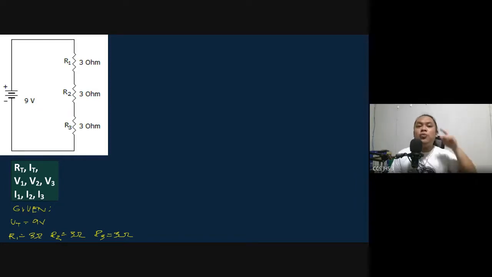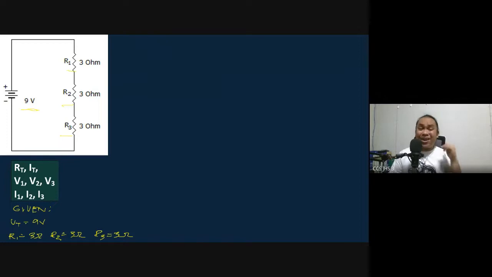Let's remember the conditions for total resistance, total voltage, and total current, and even the formula for Ohm's law. Right now, I believe that we cannot use Ohm's law yet, no? Because we only have total voltage, then R sub 1, R sub 2, and R sub 3 available. So we will go to the conditions for series circuit.